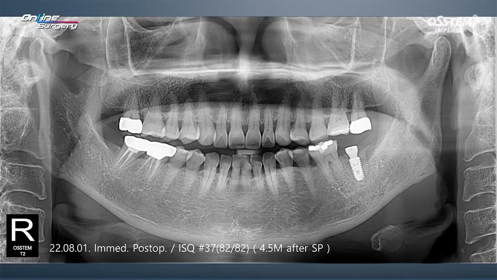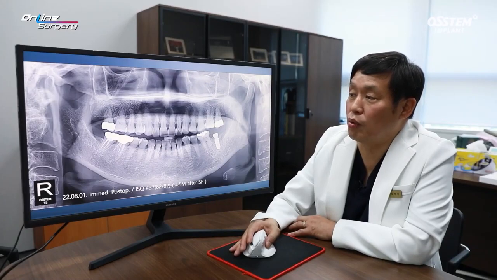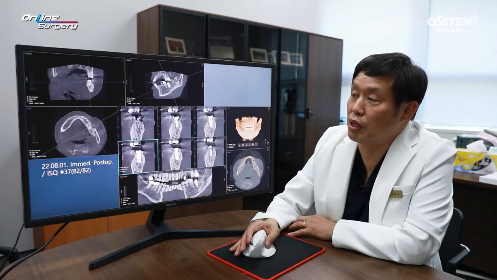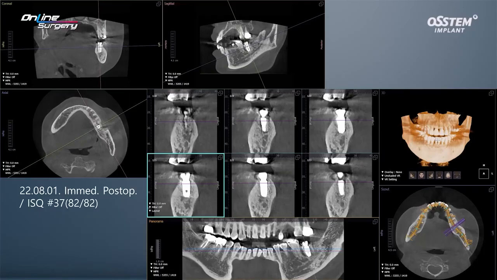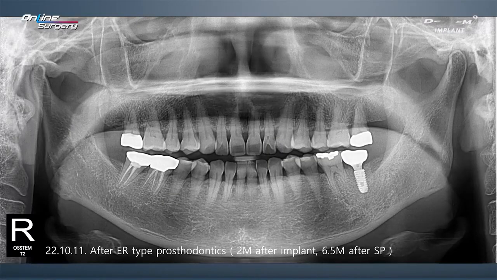Socket preservation was done using A Oss. About 4.5 months later, implant was placed. Right after implant placement, CT was taken around the implant. Alveolar bone is formed well, therefore, without additional bone graft, the surgery was closed. This is after final prosthesis delivery. Because I placed a soy implant, I was able to do loading within 2 months.